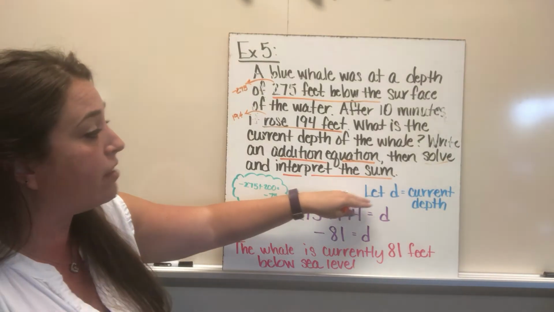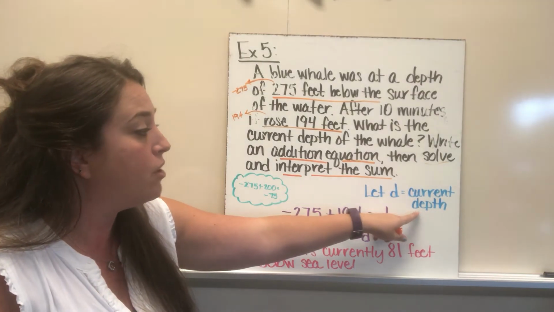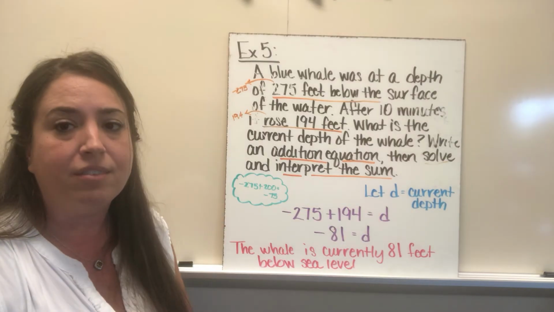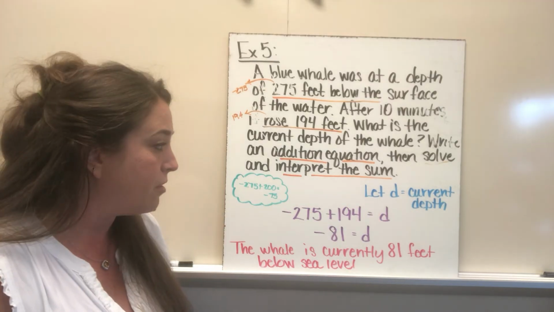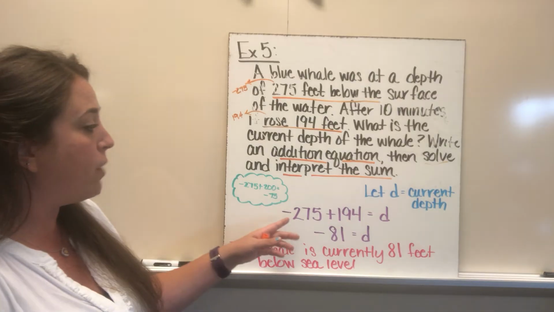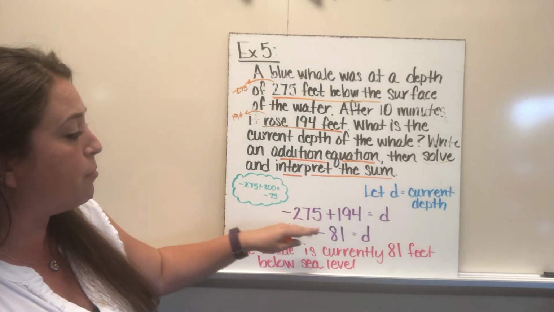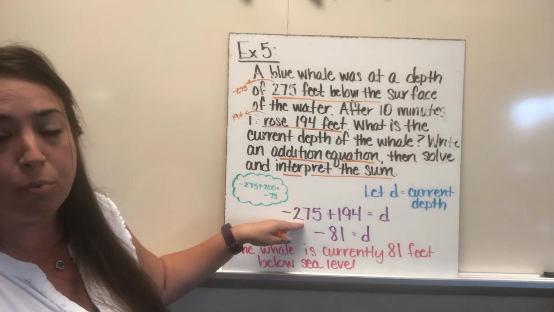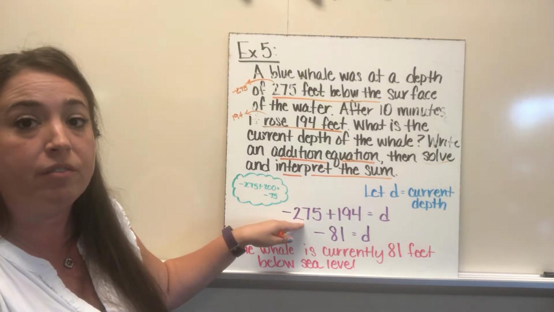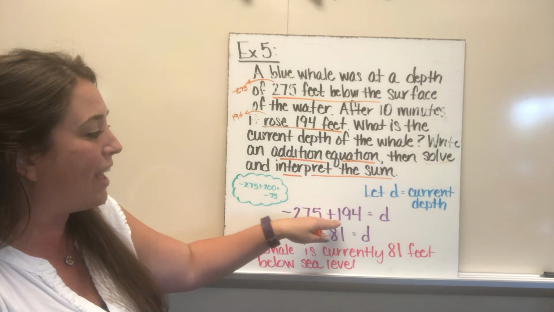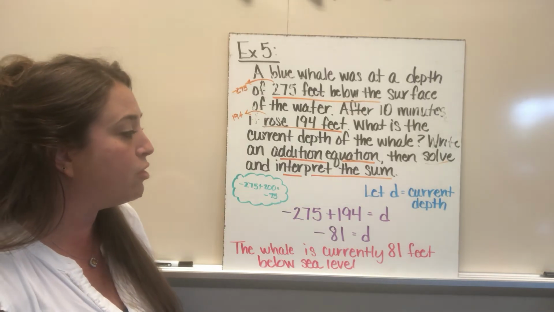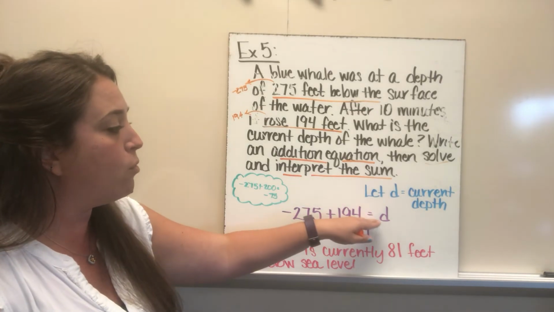In this particular case, I'm looking for the current depth, so I'm defining my variable as d. d equals current depth. And then I recognize that I want to find the current depth by using the original starting point, which is negative 275 feet. And then I'm adding that 194 feet that the whale rose.